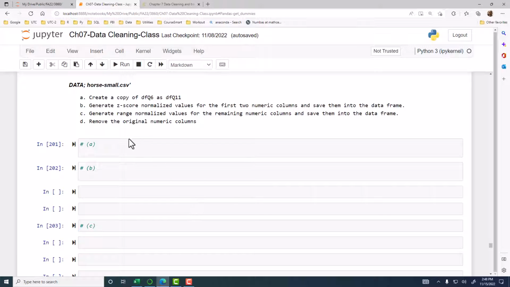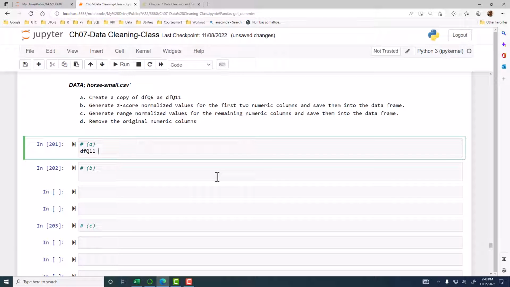All right, so let's see. So we start with DFQ11 equal to DFQ6 dot copy. Okay. All right, generate z-score normalized values for the first two numeric columns and save them into the data frame. Right.